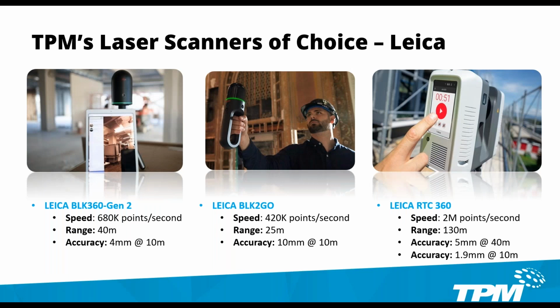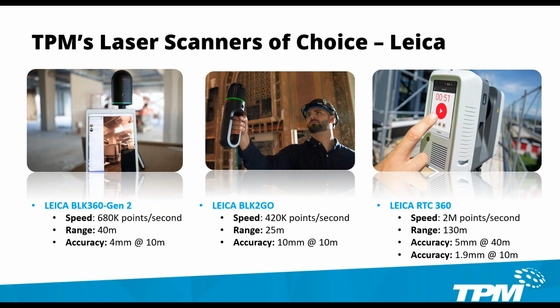Now we're going to start off talking about laser scanning and the specific scanners that Leica brings to the table. First off, what is laser scanning? I think most of you have probably used a Disto or some other laser-based distance system where you press a button and it sends out a laser to another surface and it bounces back and it collects that distance for you and shows you what that distance is.